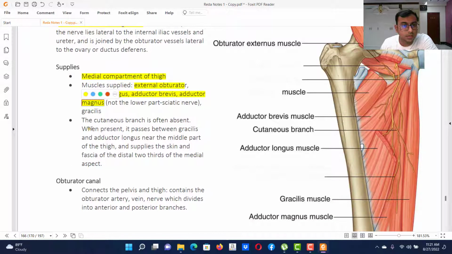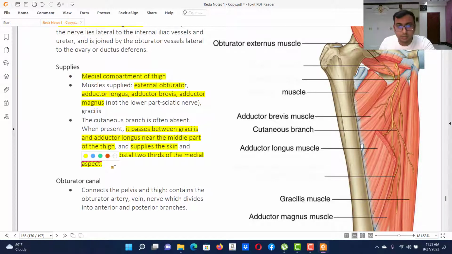The cutaneous branch is often absent; it passes between the gracilis and adductor longus near the middle part of the thigh and supplies the skin and fascia of the distal two-thirds of the medial aspect. So the obturator nerve supplies the medial aspect of the thigh.